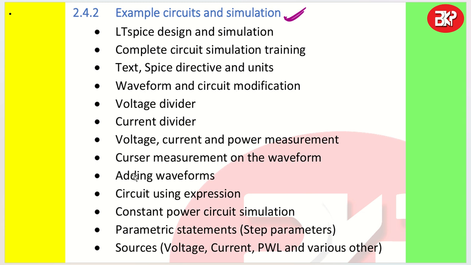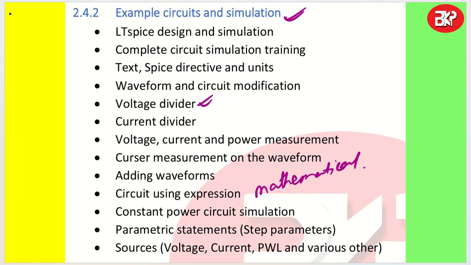You have several other circuits like simple voltage dividers, then current division, voltage, current and power measurements, cursor measurements on the waveforms, how to add or delete waveforms, and how you are going to write a circuit using mathematical expressions.